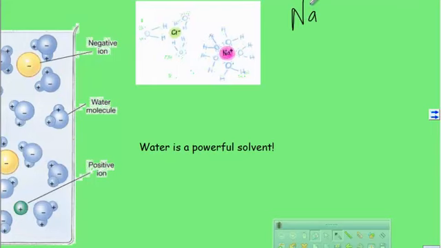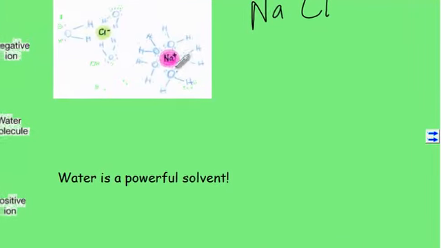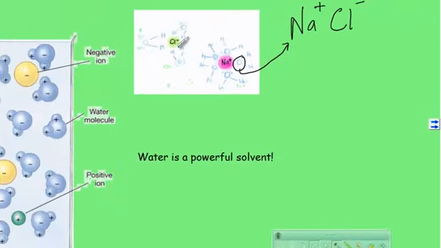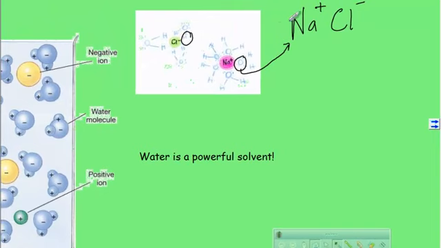Salt is a crystal formed from a sodium ion and a chlorine ion, right? So when I put them in water, the negative end of the water, the electronegative oxygen end, the delta negative end, is attracted to the sodium, and the delta positive end, the more positive end of the water, closer to the hydrogen, is attracted to that chlorine.